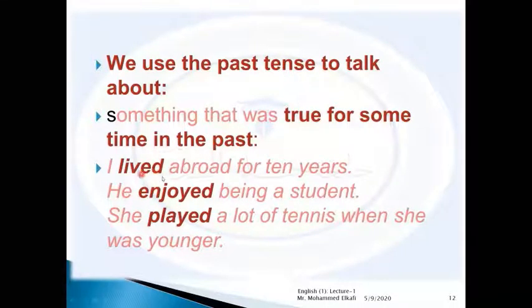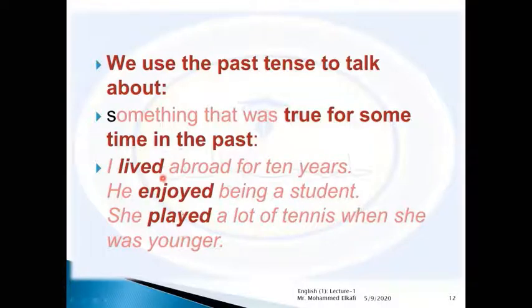For example, I lived abroad for 10 years. Okay, it was true in the past. He enjoyed being a student. And she played a lot of tennis when she was younger. She played. So this is also true.